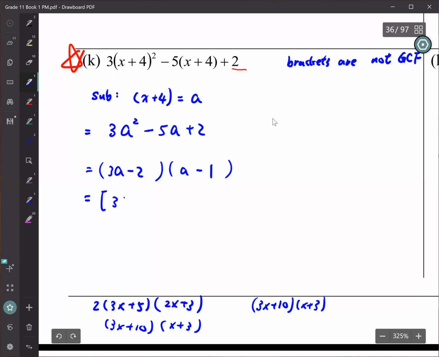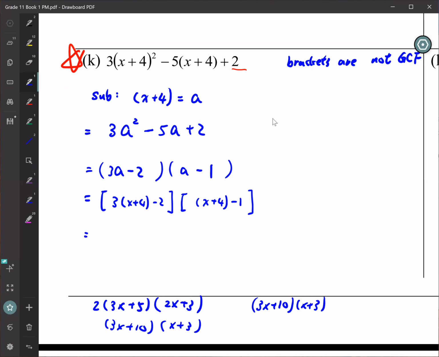Okay, so now we need to put the substitution back. So 3 bracket x plus 4, and then the other one is x plus 4 minus 1. And then simplify each square bracket. Okay, Angela, what do you have in the first square bracket? 3x plus 10.